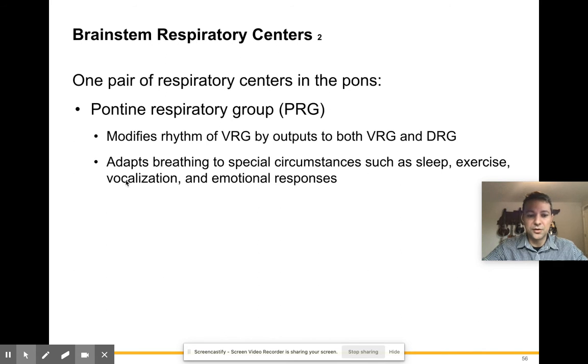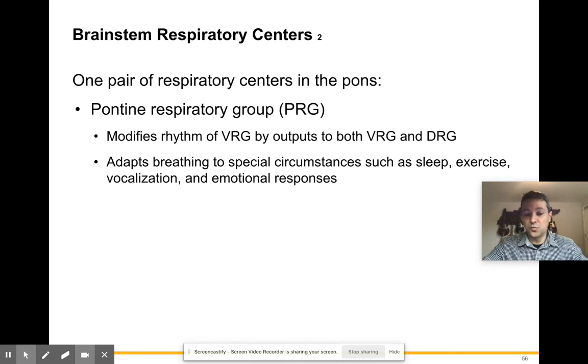It also adapts breathing when you're talking. So like myself, my pons is working to coordinate my breathing during my speech, right? I'm not sitting here talking for a minute and then having to take a break to get more oxygen. My pons is working to figure out where to take breaths while I'm talking.